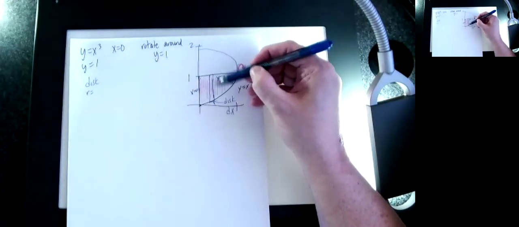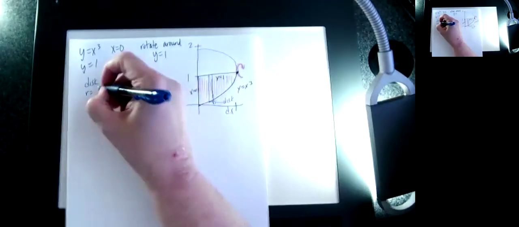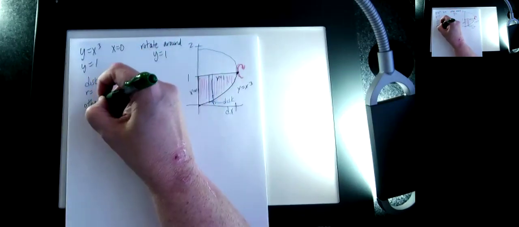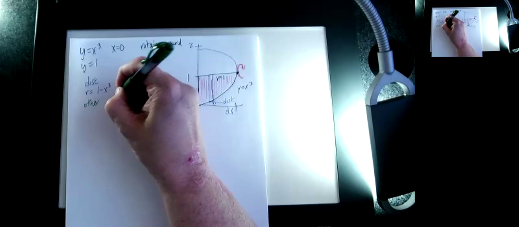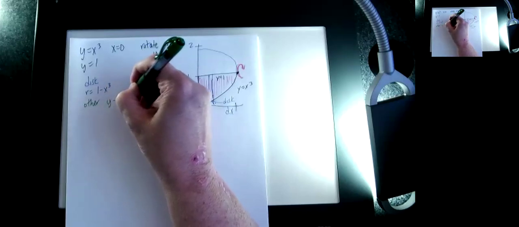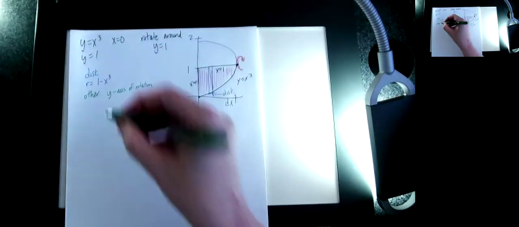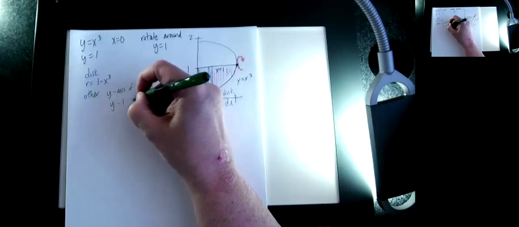Well, the height of this thing looks like 1 minus x cubed. That's one way of looking at it. The other way of looking at it is the y value minus the axis of rotation. So doing y minus 1 or getting x cubed minus 1.